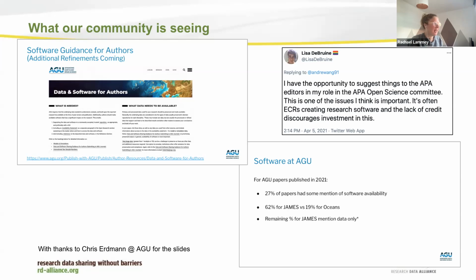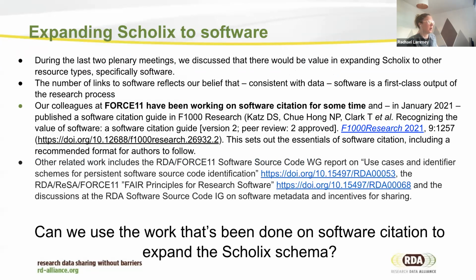Their editor of their, and I can't remember what the acronym stands for, but for their James journal, where the editor is really advocating for this, they could see 62% of papers mentioning software availability. So this is something that publishers are interested in starting to support. So again, it speaks to the fact that we want to have these kind of downstream recommendations in place so that these can be built into our workflows.